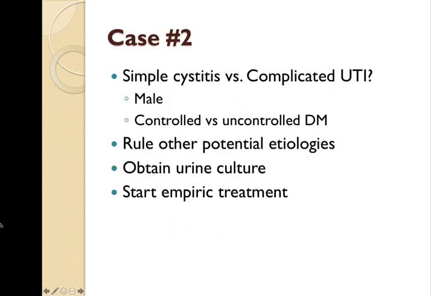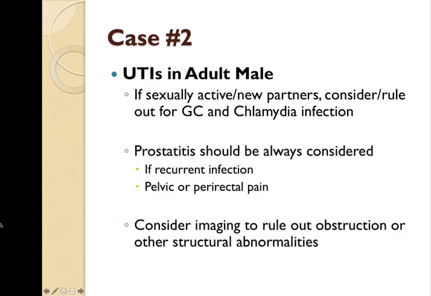And as you guys all mentioned, specifically in male, we want to make sure we are ruling out other potential etiologies such as STDs. Urine culture would be recommended, and we would not wait for the urine culture. We would have to start him on something, right?